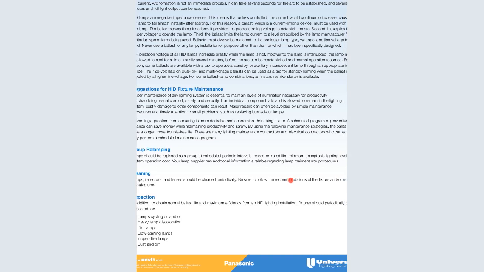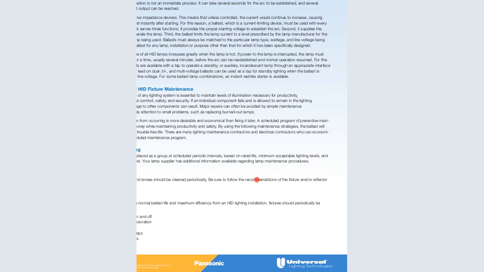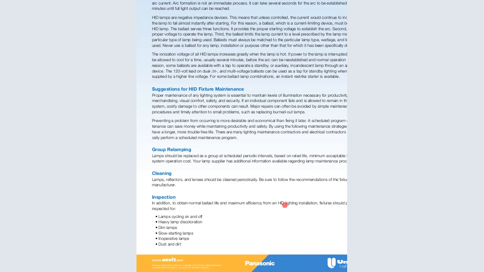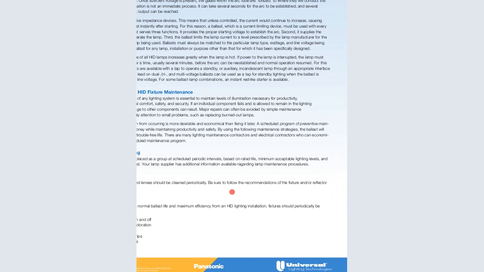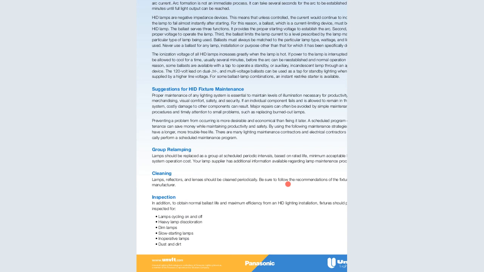There are many lighting maintenance contractors and electrical contractors who can economically perform a scheduled maintenance program. First, group relamping. The lamps should be replaced as a group at scheduled periodic intervals based on the rated life, minimum acceptable lighting levels and system operation cost.